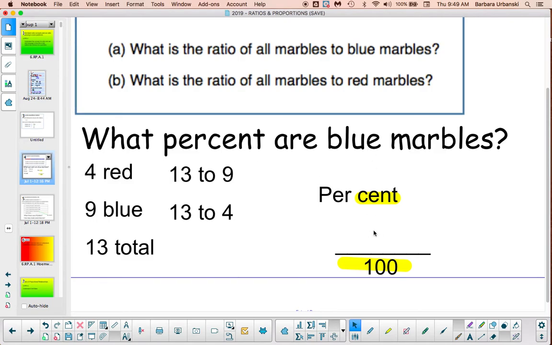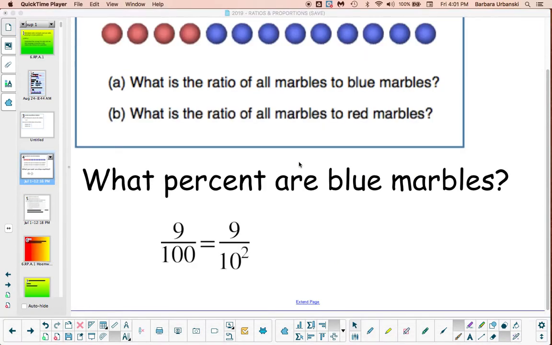Well, obviously the blue would be 9. And so now you have 9 out of 100, which would really just be 9 percent.